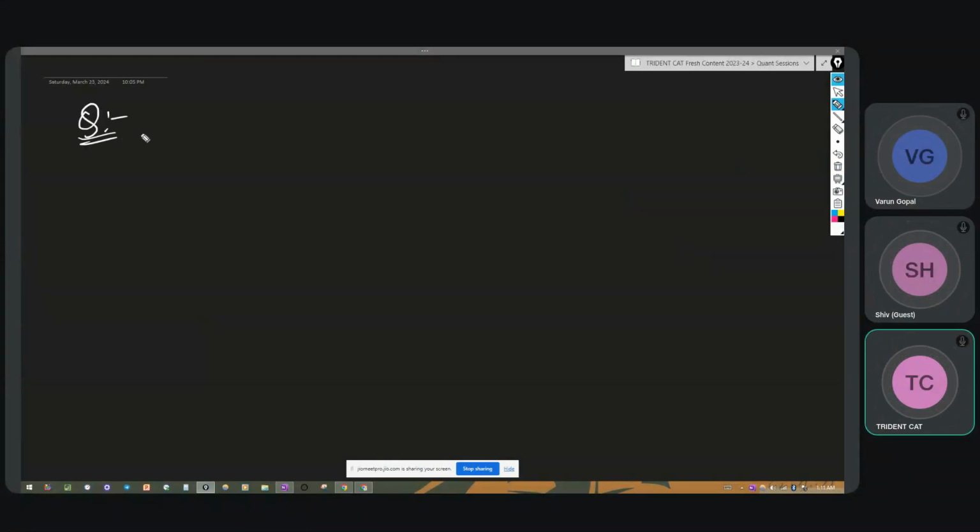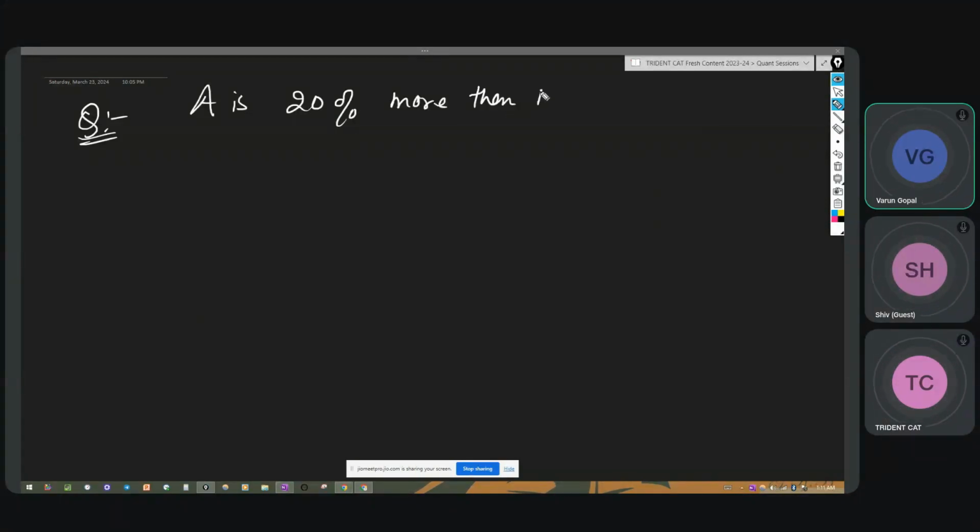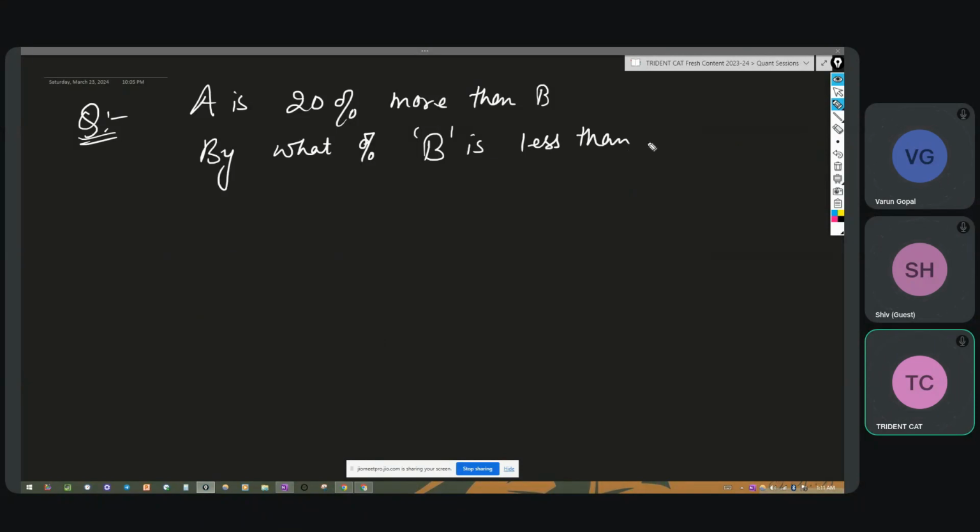So the question is, and we are going back to the same agenda. If A is 20% more than B, by what percentage is B less than A?